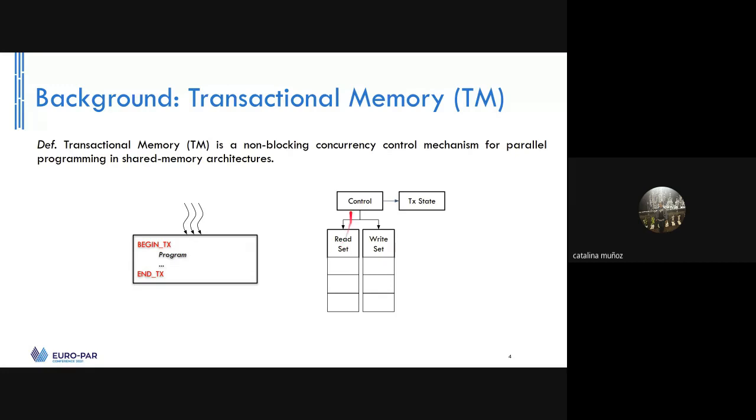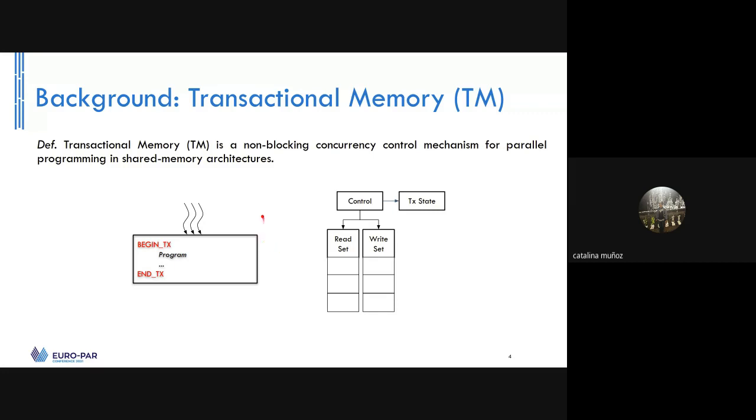So if two transactions that are being executed in parallel are conflicting, I have to abort at least one of those transactions. But if there is no conflict, then I can commit that transaction. So what the runtime does is to ensure that the transactions satisfy the atomicity, isolation, and consistency properties.